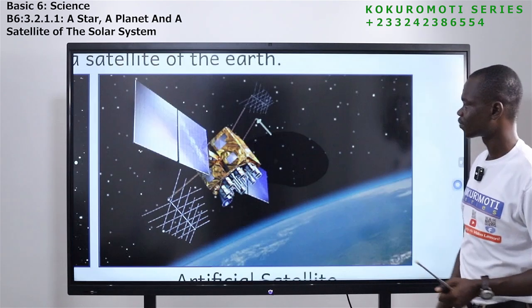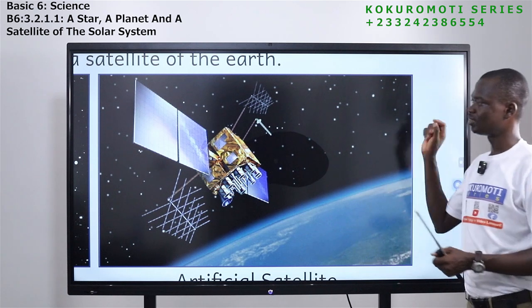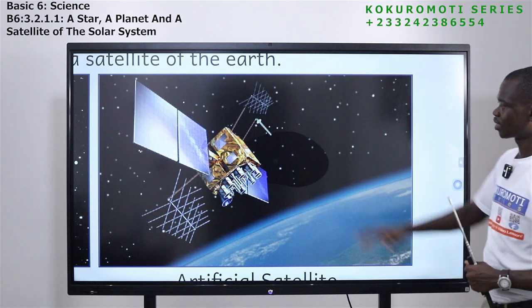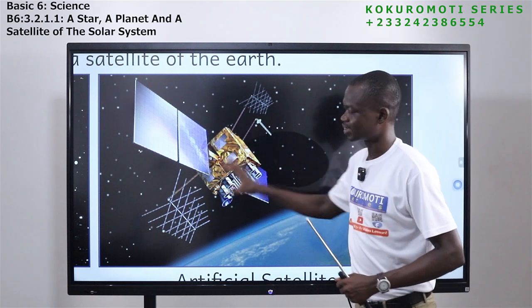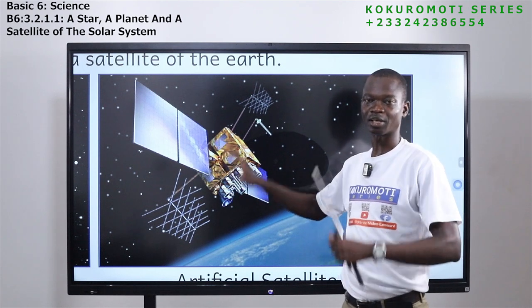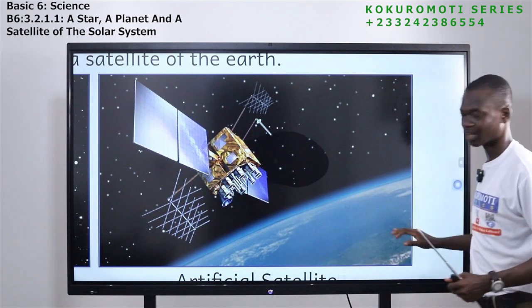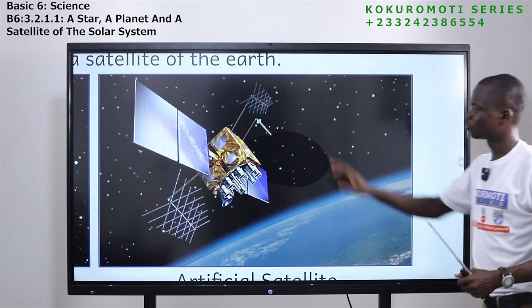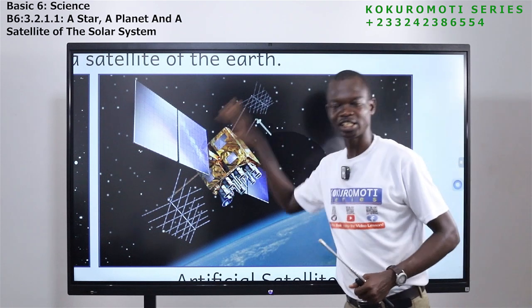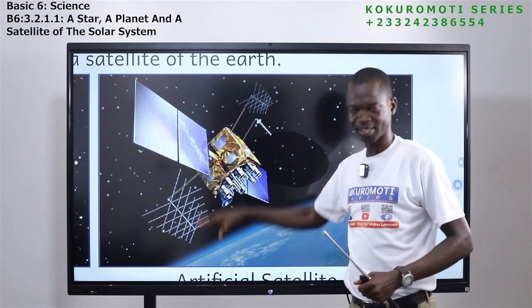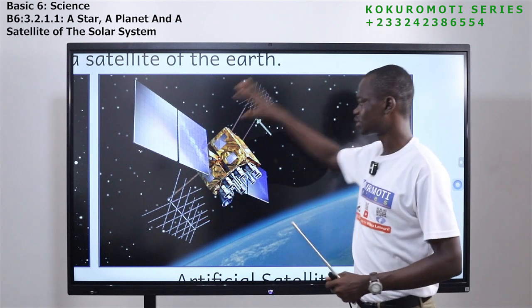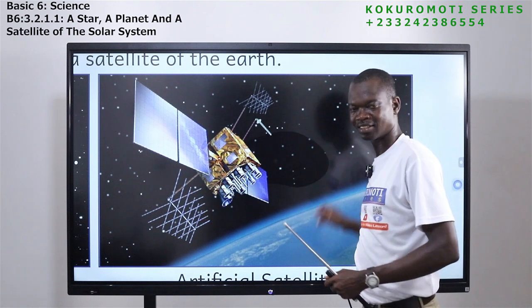Now when you come here, we have seen this. This is a satellite. It moves around a bigger body. The bigger body is this one, the Earth. So this is human or man-made. It moves around the Earth.